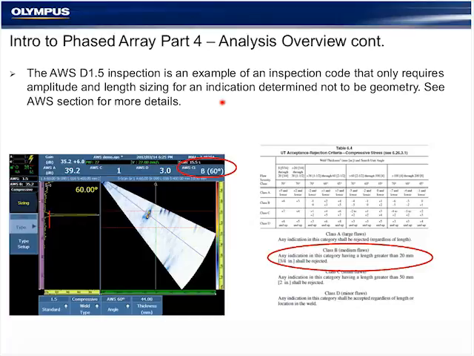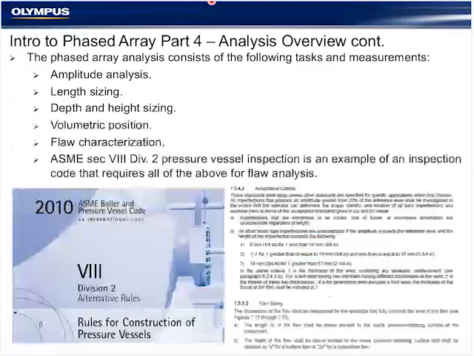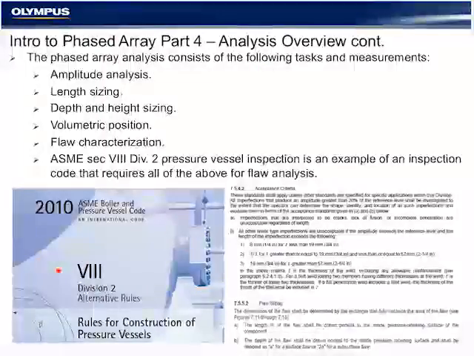You need only analyze the amplitude and the length and make a comparison based on a class defect rating system. In this case, it represents probably the easiest and least difficult type of inspection, whereas the analysis of ASME piping and pressure vessels requires all 5 pieces of information.